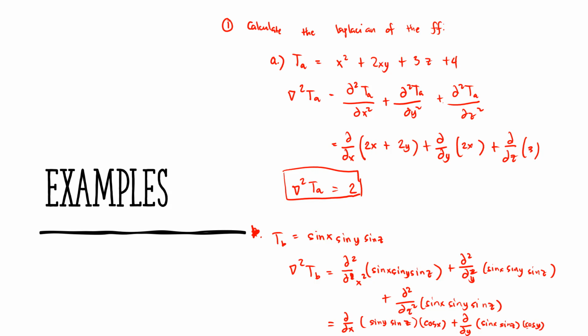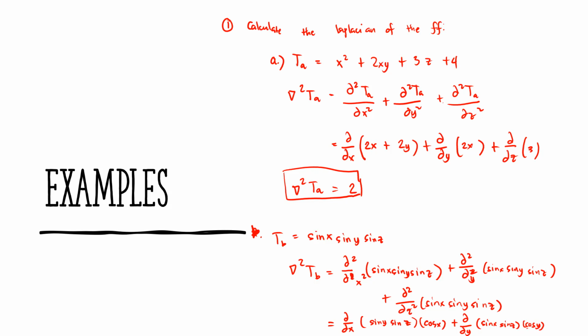So for example, you have this one. Differentiating this with respect to x, we have 2x plus 2y plus 0 plus 0. So you have 2x plus 2y. And then again, we will differentiate this with respect to y.